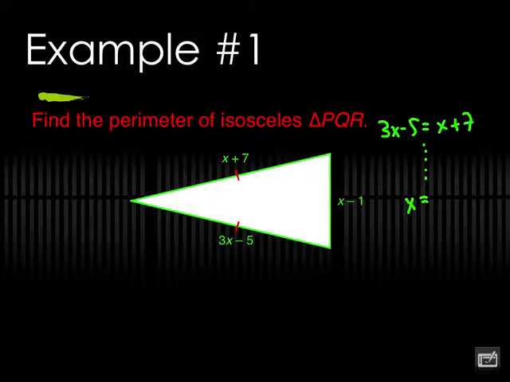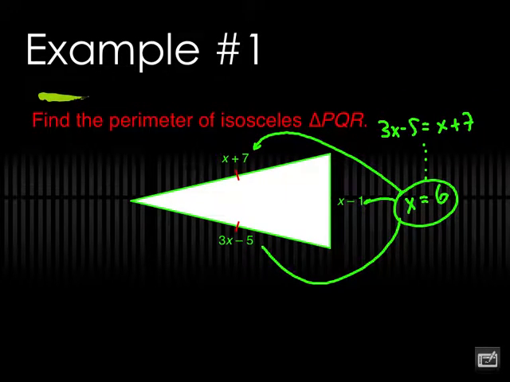Find x. 6? Okay, good, thank you. Now, Max, put 6 into each side. Solve for each side and then add the sides together. So what's the perimeter?